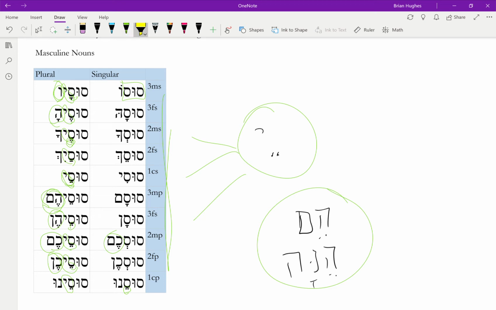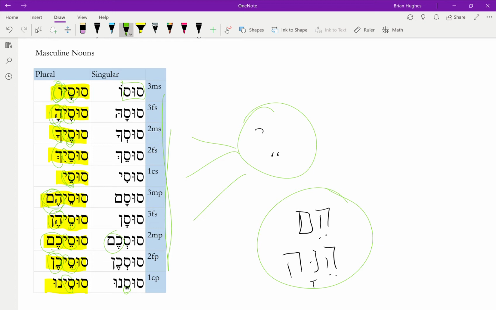So we get susav, and the pronunciation for that Futato gives you at the top of page 115. Instead of aiv or something like that, it's just av. Suseha, susecha, susaich, susai, susechem, susehen, susechem, susechen, and then susenu. So again, the suffixes are similar.